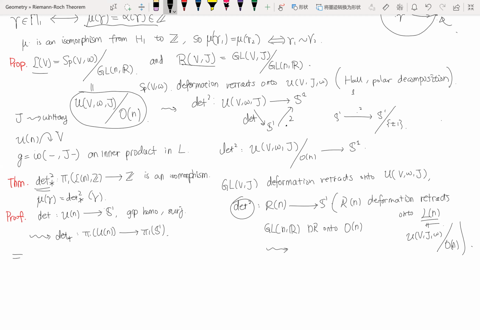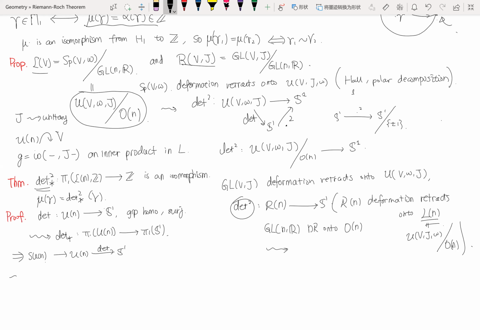So then we know that the fiber of this determinant will be SU(n).